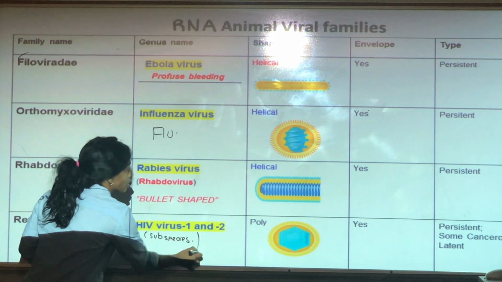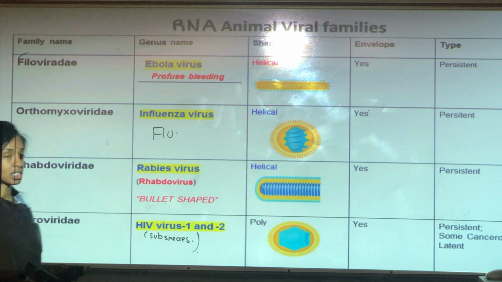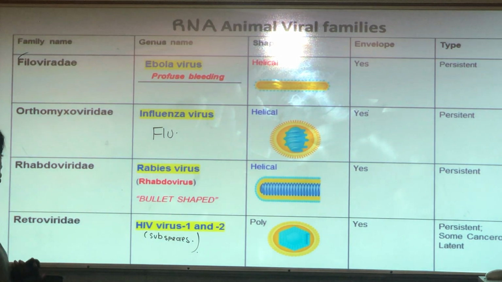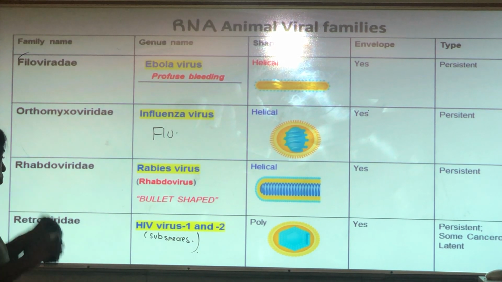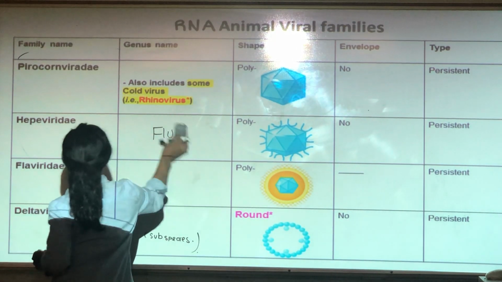Okay, and the HIV virus, this is an RNA virus, and it is polyhedral. Some are persistent, some cancerous, and some latent, right? Very special virus. It can take on many forms, and once it infects humans, it will interfere with their immune system.